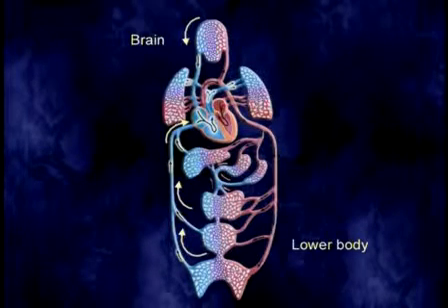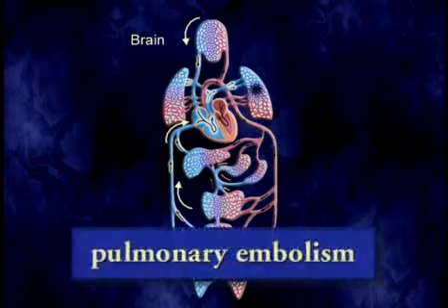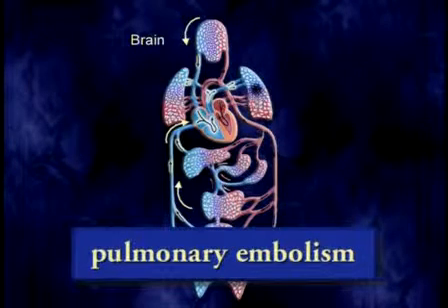So when it gets into the lung and it reaches either arterioles or anything smaller, eventually the capillary bed, it's going to stop. And it's going to become lodged there in the lung. That's a pulmonary embolism that occurs from thrombophlebitis of the leg.